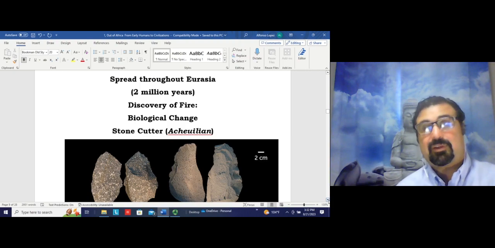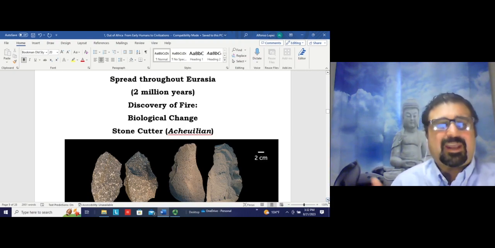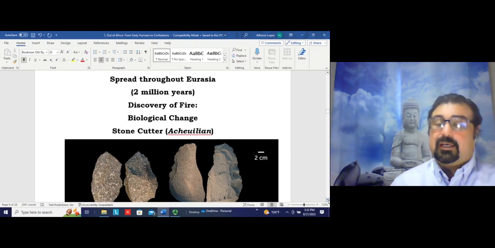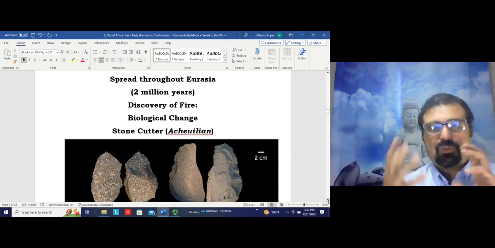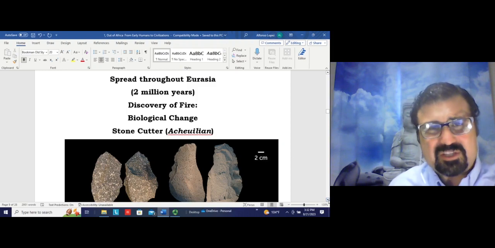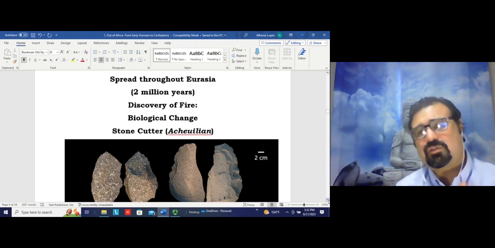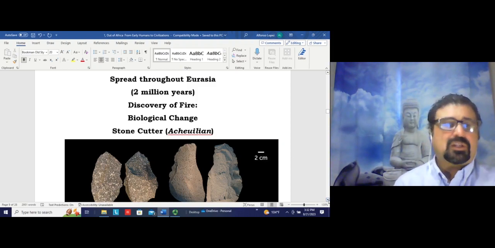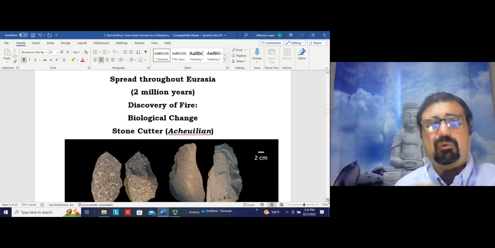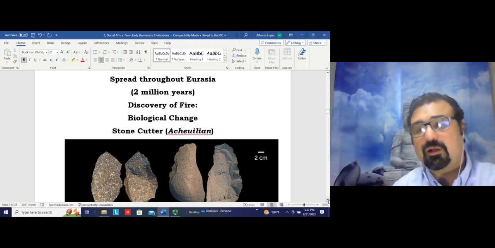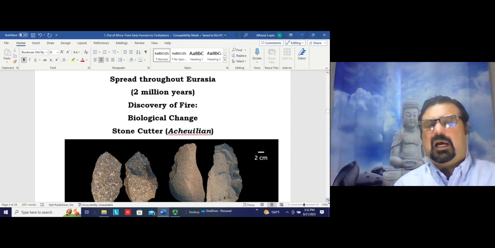They're exploring areas that were cold, that were uninhabitable for them, but now with fire they can inhabit colder regions. They're going to be cooking their food, so their digestive system is going to change. The stomachs are growing smaller, and their jaws as well, because they're cooking meat. So the discovery of fire brought biological change among the Homo erectus.